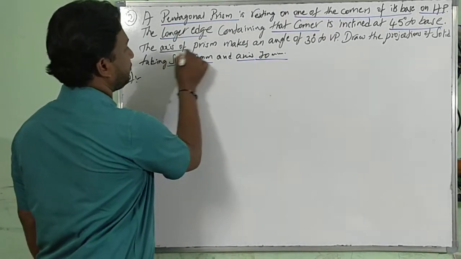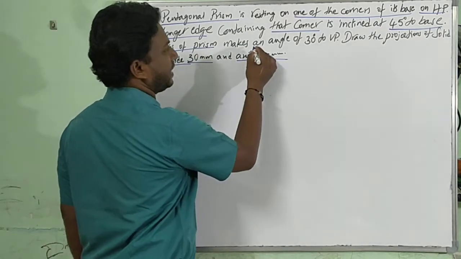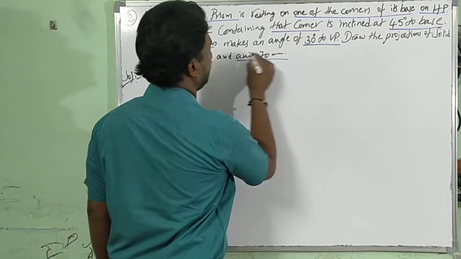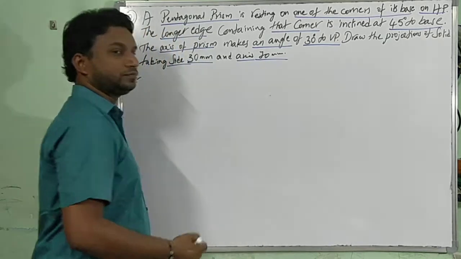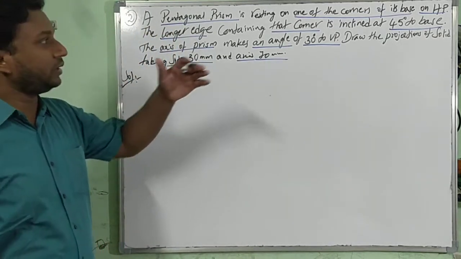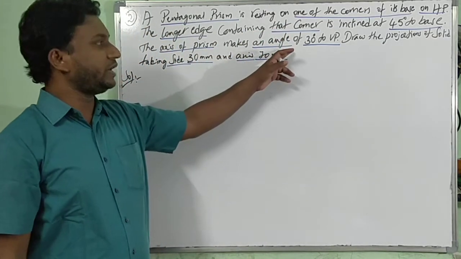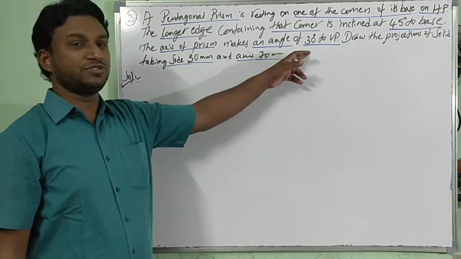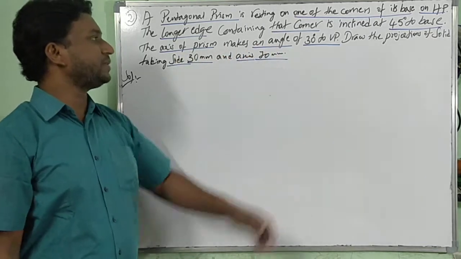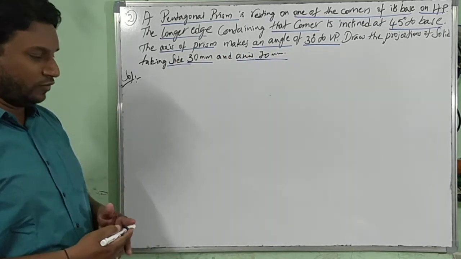And the axis of the prism makes an angle of 30 degrees to VP. After satisfying the first condition, it is also satisfying the condition that the axis of the prism makes an angle of 30 degrees to VP.